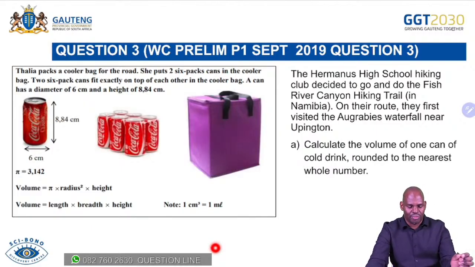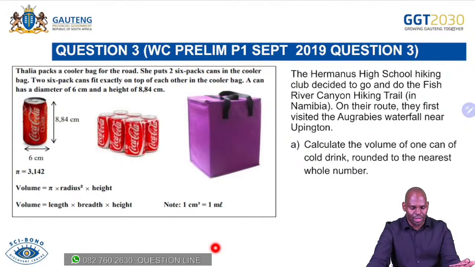Then question 3. This one was taken from one of the Western Cape prelim papers, 2019, question 3. The information is given. Talia packs a cooler bag for the road. She puts 2 6-pack cans in the cooler bag. 2 6-pack cans fit exactly on top of each other in the cooler bag.